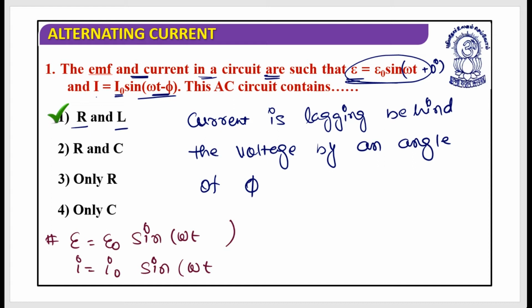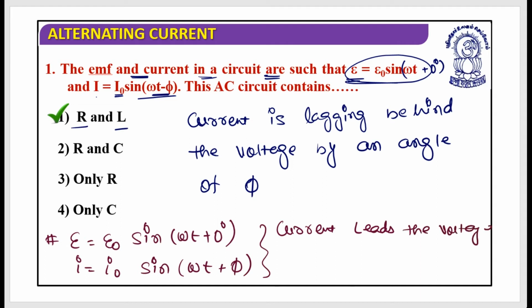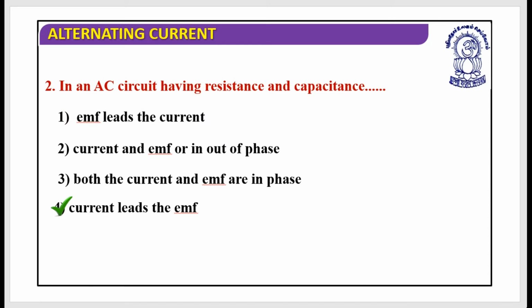This is ωt plus 0 degree. So here it is the case where current leads the voltage by an angle of φ, and when current leads the voltage, it is an RC circuit. Have you got this? Great. Let's look at this. In an AC circuit, yes, here is the question.